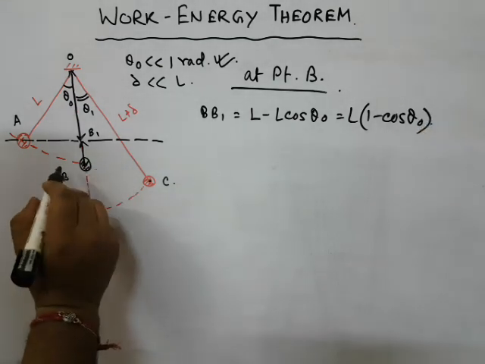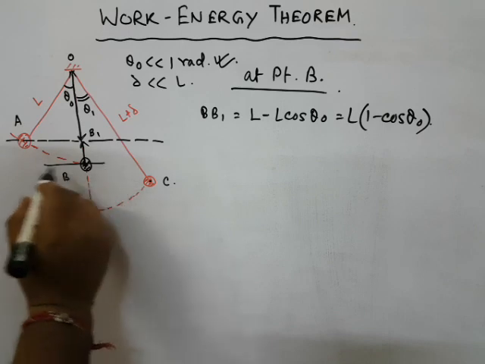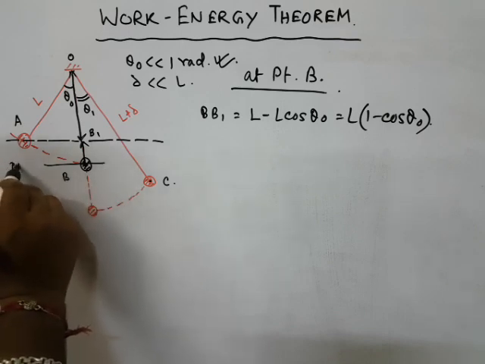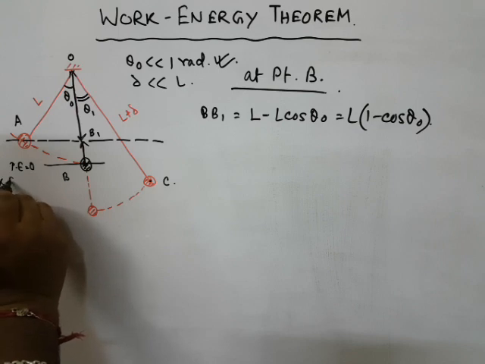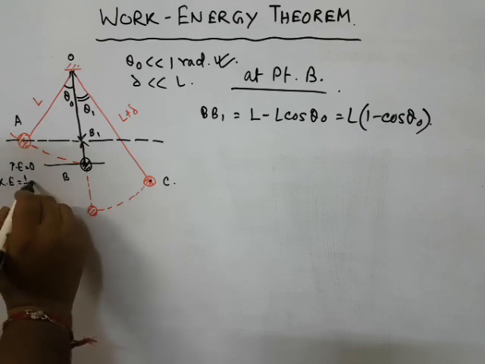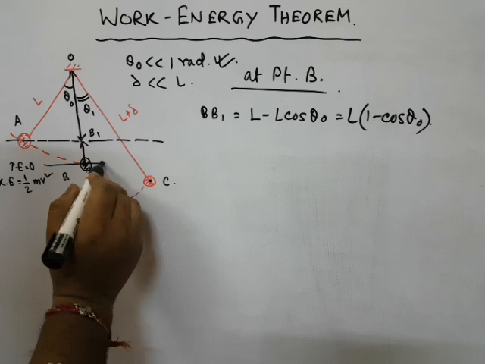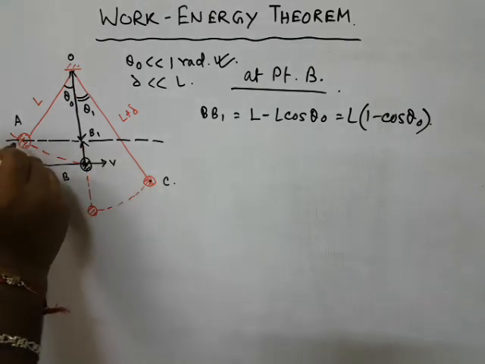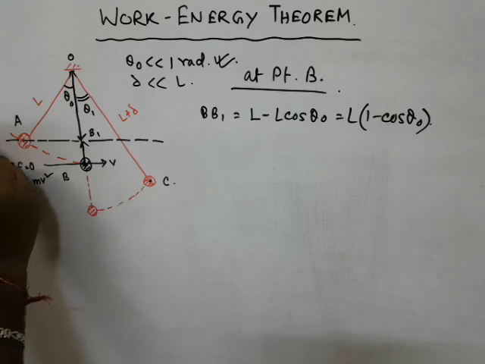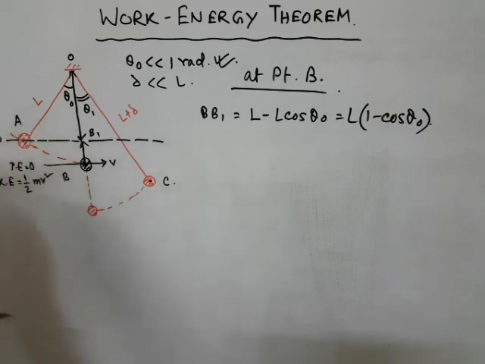If you consider this as your reference for potential energy, then potential energy at B is 0, and kinetic energy at B is half mv square if it is moving with speed v here. Kinetic energy at A is 0 because the velocity becomes 0 at this extreme point.